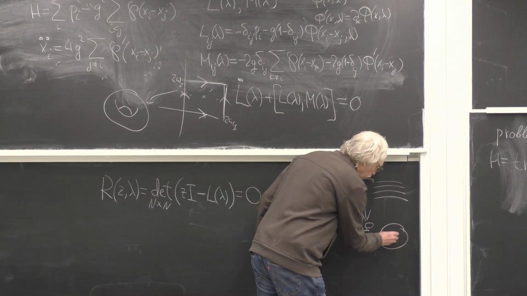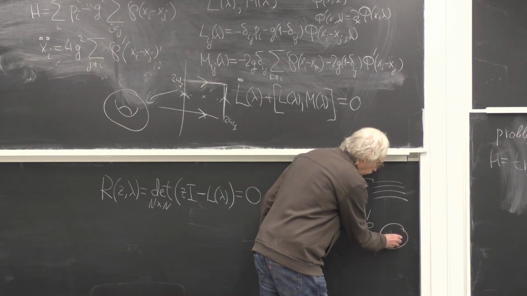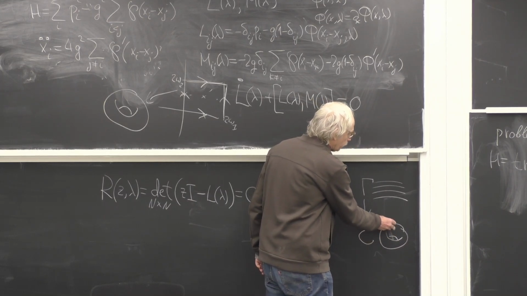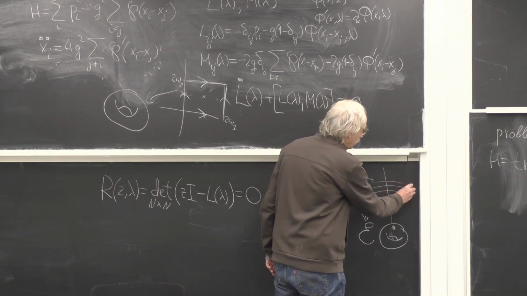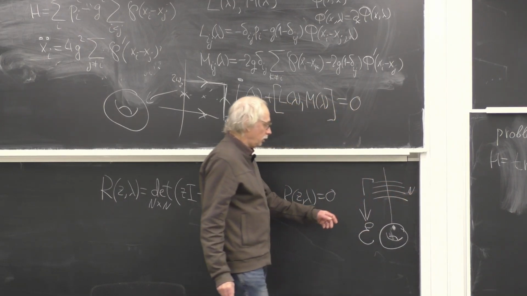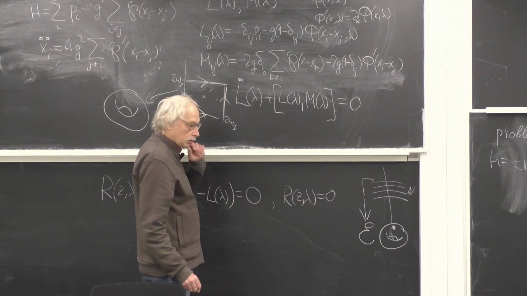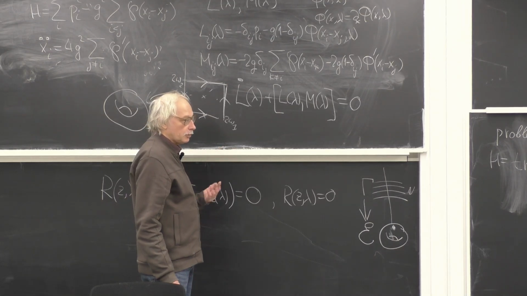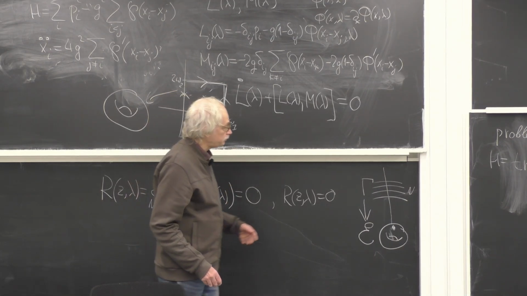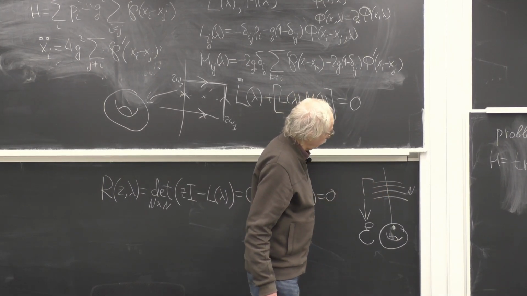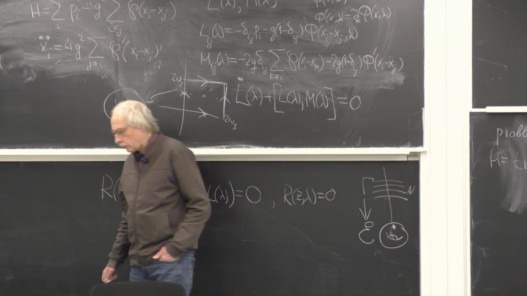Here we have a torus, and above each point on the torus, we have n sheets. This equation has n solutions for z, and they correspond to different sheets of the covering.